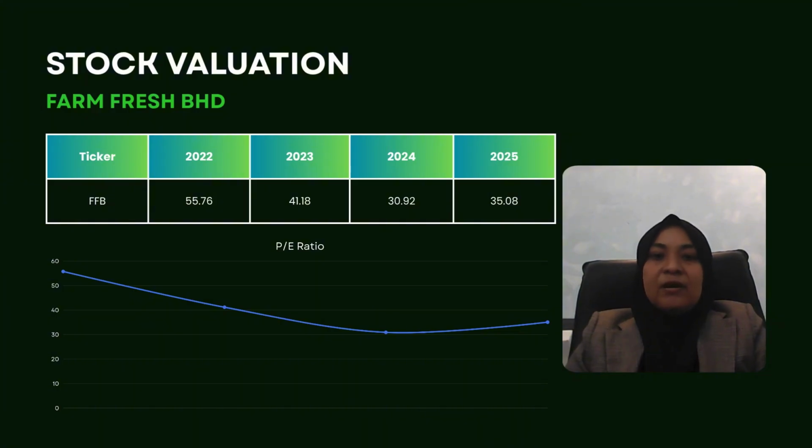In conclusion, Farm Fresh has strong long-term growth potential, supported by improving earnings and more attractive valuations. Therefore, my long-term investment recommendation is buy, especially for investors seeking long-term capital growth.